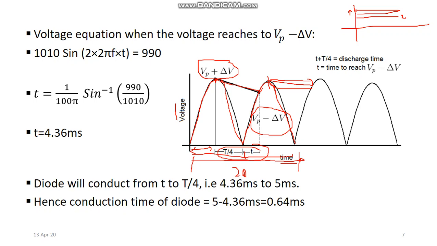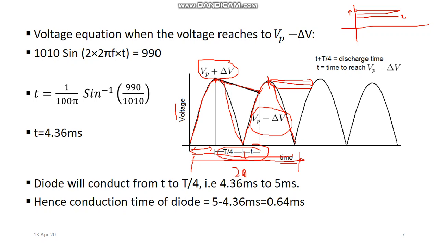Now keep this diagram in your mind, and on the basis of this diagram we will try to find the value of this capacitance, the different time periods associated, the T by 4 and so on. So let's start finding this.